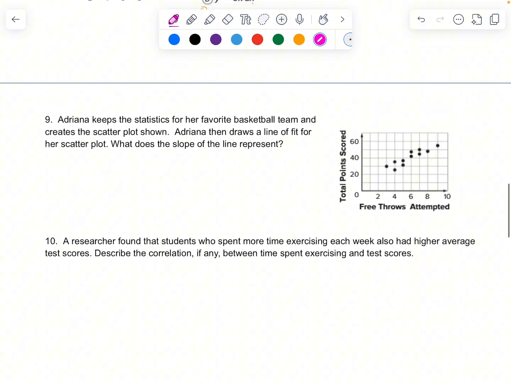Okay. Adriana keeps the statistics for her favorite basketball team and creates the scatter plot. Adriana then draws a line of fit for the scatter plot. What does the slope of the line represent? Total points per free throws attempted.